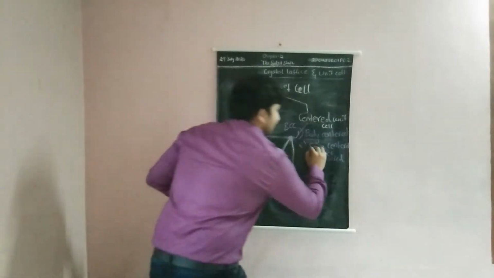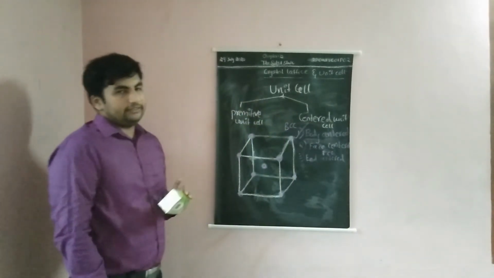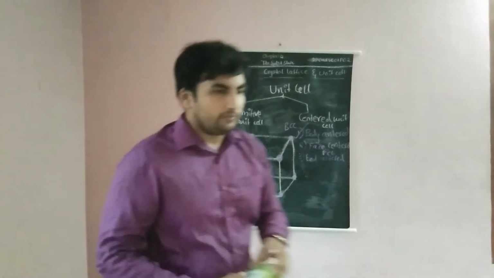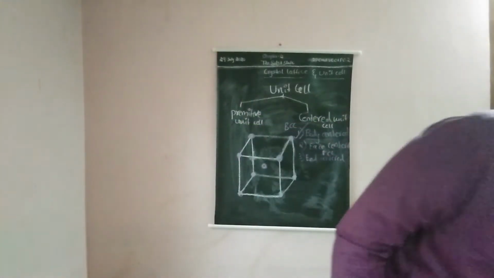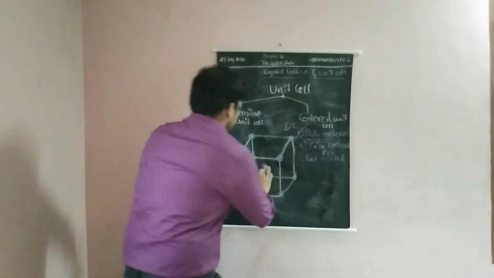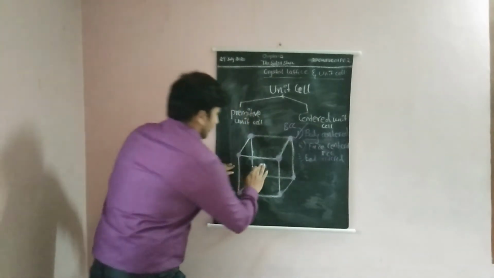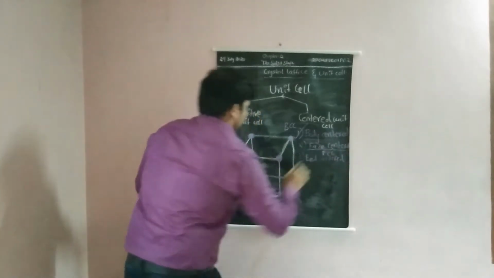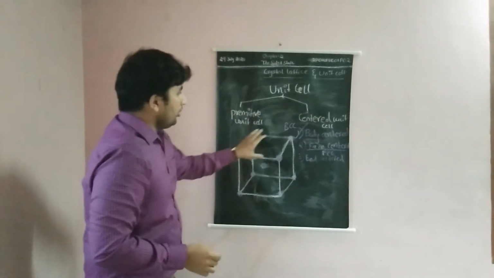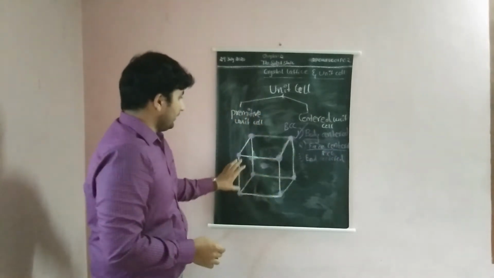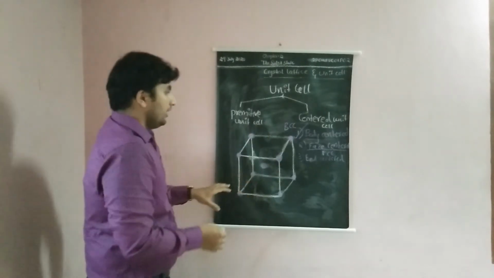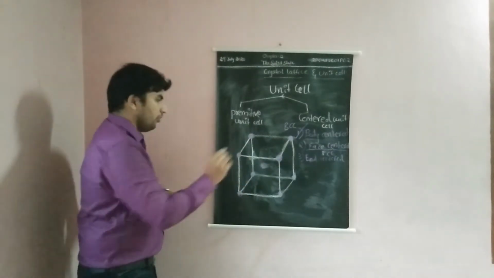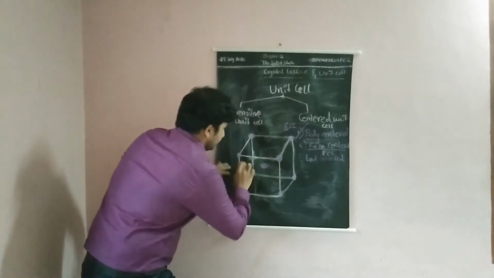Then the face centered unit cell, face centered cubic unit cell. In a face centered unit cell, along with the constituent particles at the corners, each face contains one constituent particle.